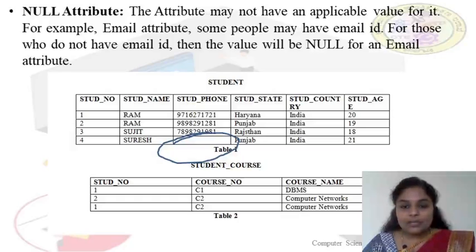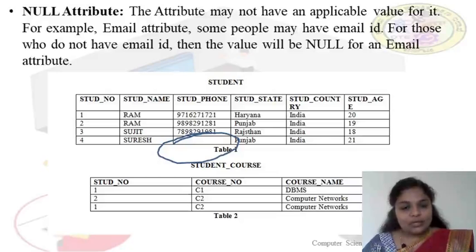From this table, you can make out the students, like student Ram, and even in the second row we have student name as Ram.